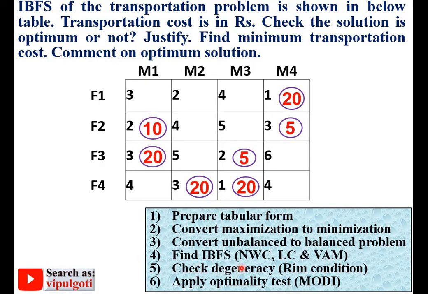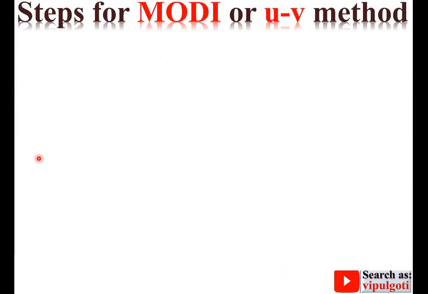Next, fifth step, check degeneracy, and then we can apply the optimality test. First we will see the steps for the MODI method, and then we will follow step 5 and step 6.